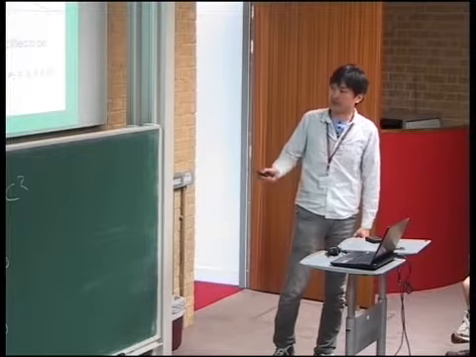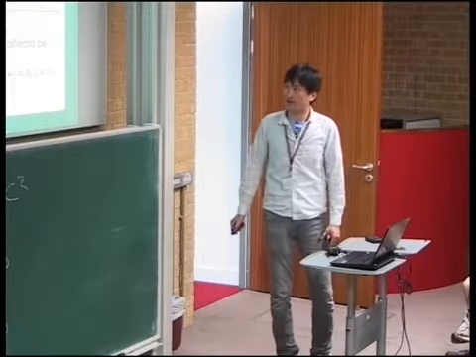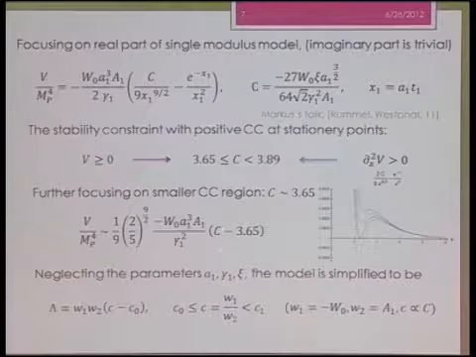And this is quite simple because this is just a combination of some coefficients like W naught, A1, and the large A1 or gamma 1 or C or something like that. And this figure just illustrates how this bracket part behaves. So we can easily find the stable vacuum at positive CC.